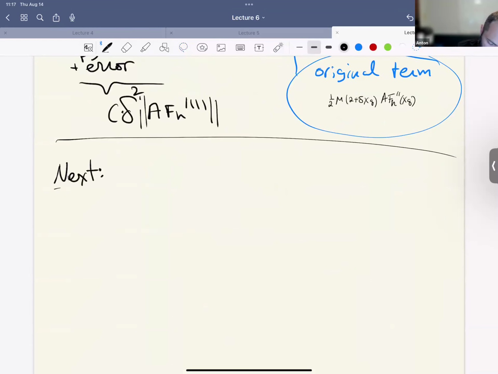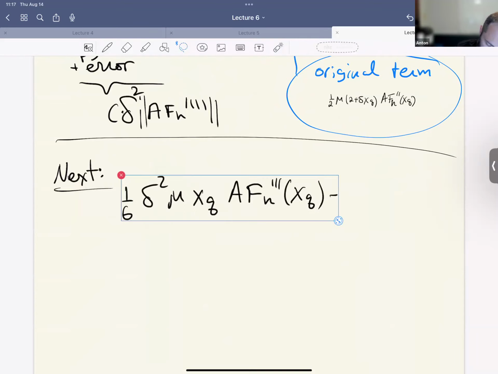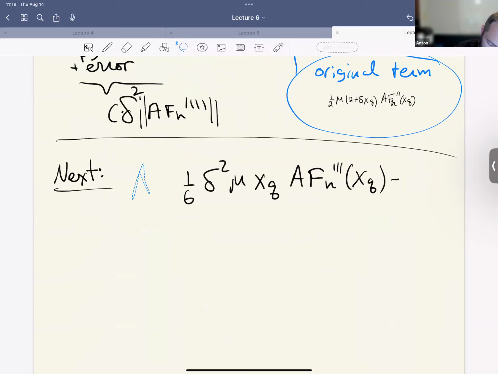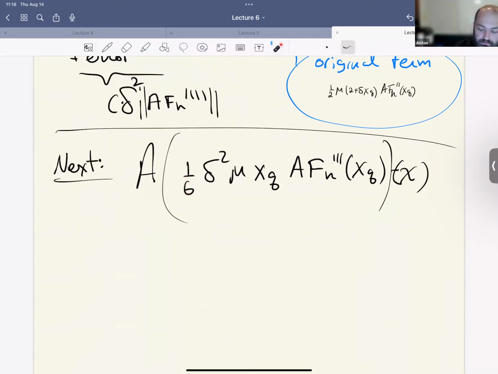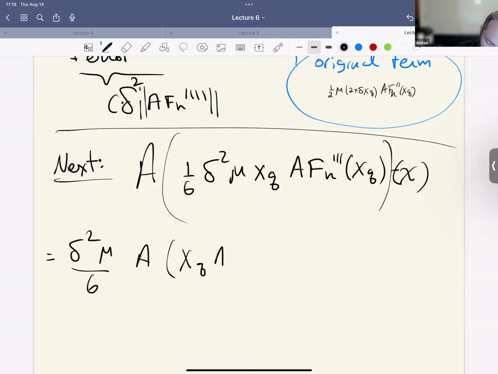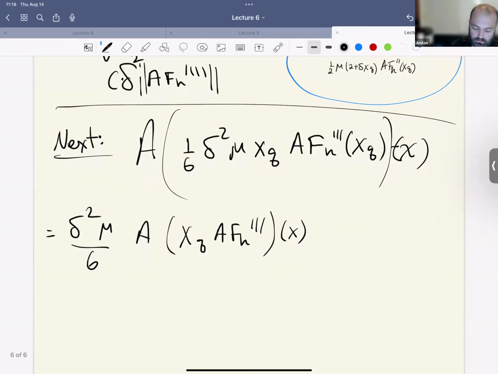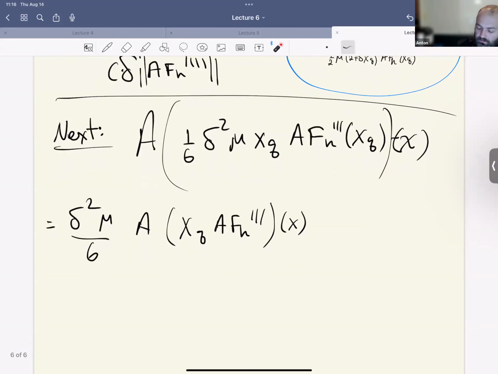And next, A applied to all of this thing at the point X, okay? The delta squared comes right out, the mu comes out. Delta squared mu over 6, A applied to X sub Q, A sub H prime of X. Okay, now here's where I'm going to appeal again to the weighted sum representation.